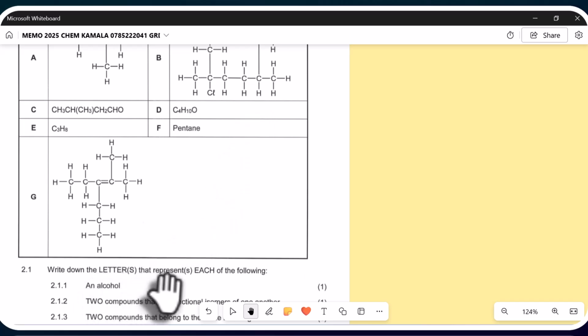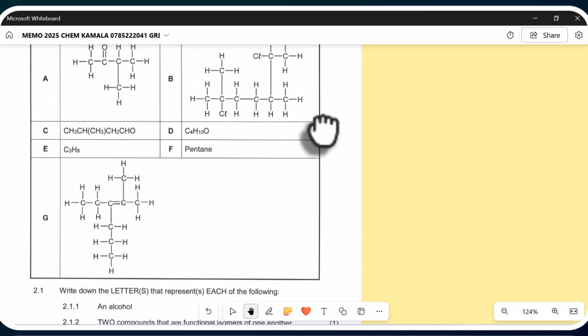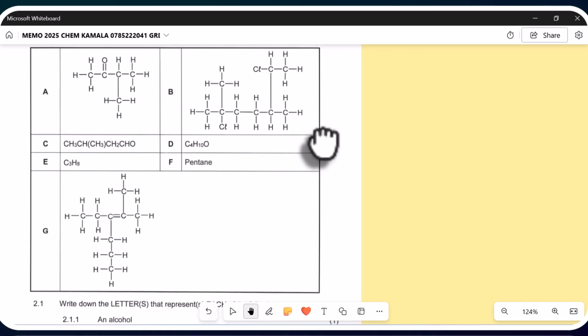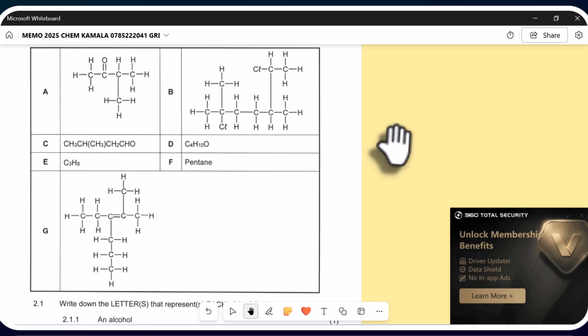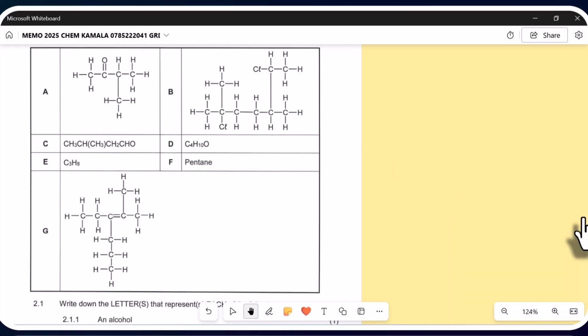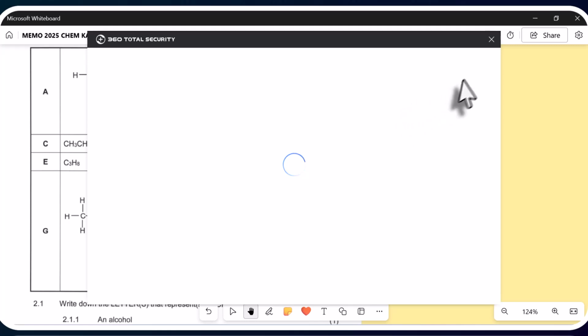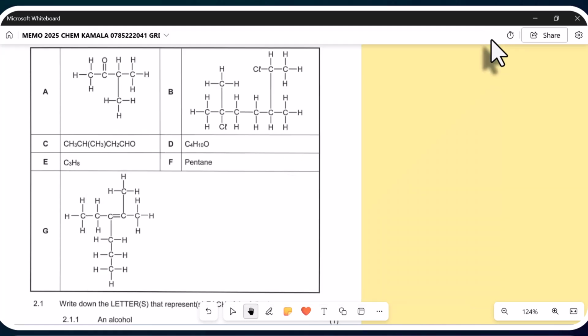An alcohol. Now, an alcohol is an organic compound whose name ends with the OL, like ethanol, propanol. If it gives you the structure, it's going to end with the OH.